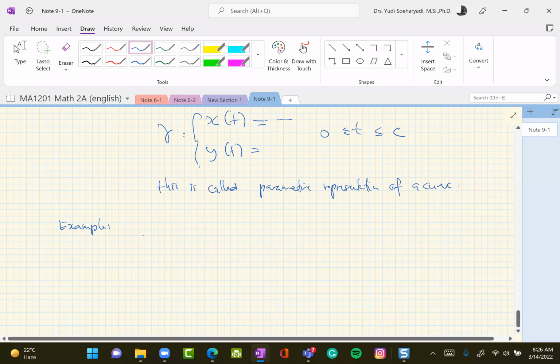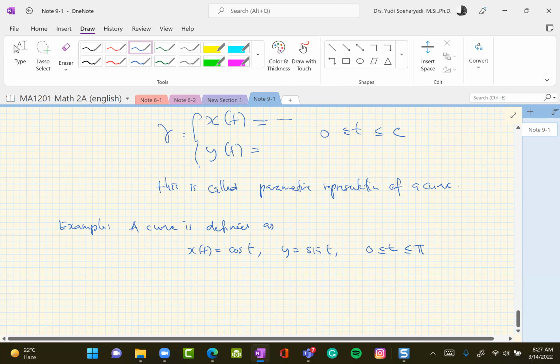A curve is defined as, let's see, x is just cosine t, and y is just sine of t, and t starts from 0 until, say, pi.